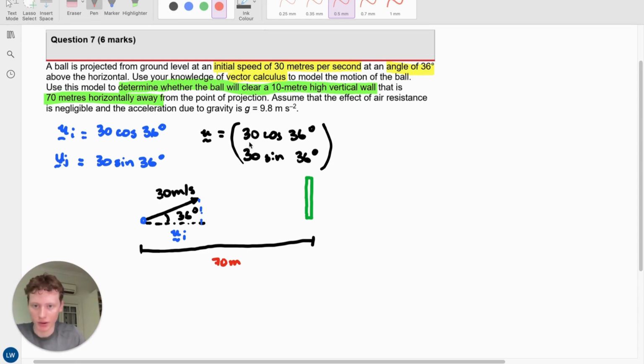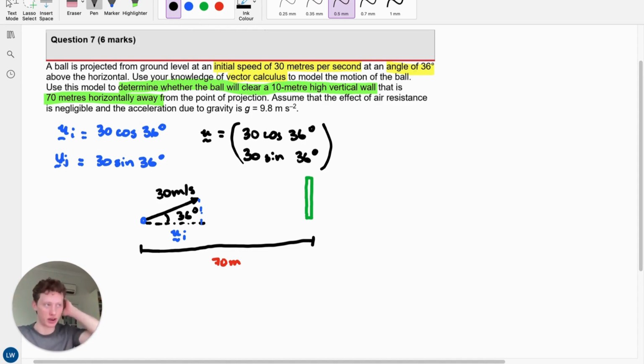And because we want to figure out whether the ball will clear this wall, what we're trying to model now is the position of the ball. We need to figure out, is the position of the ball here when it goes past the wall? Is it here? Is it some other place? Essentially, we need to figure out, is the J component at 70 meters higher than 10? And so that's what we'll work backwards through now.